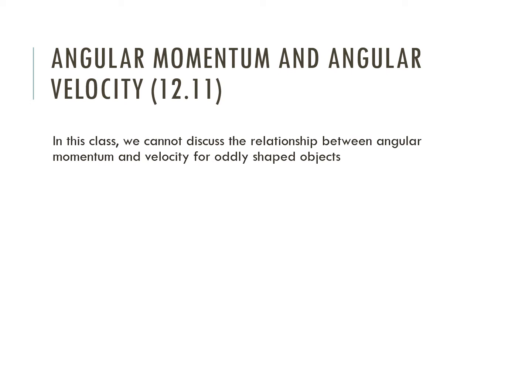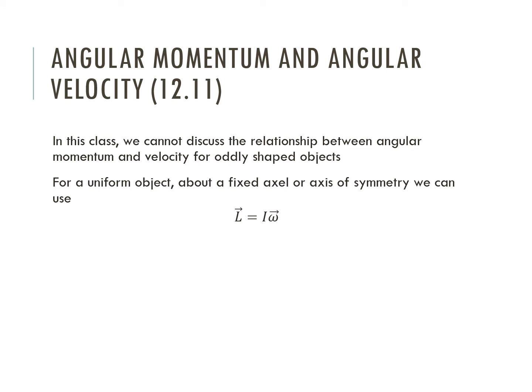In this class, we're not going to be looking at weird shapes. We are going to be looking at nice, simple shapes where we have equations for the moment of inertia, basically. We're going to look at a lot of disks and points dealing with each other. So if you have a fixed axle or axis of symmetry, you can also use the equation L is equal to I omega.